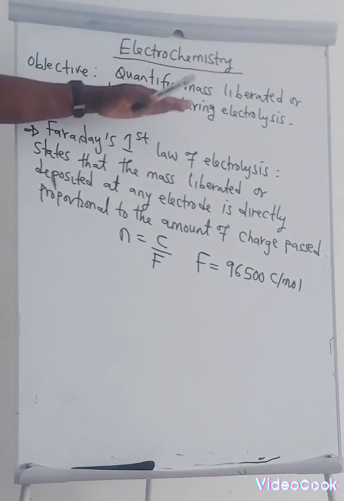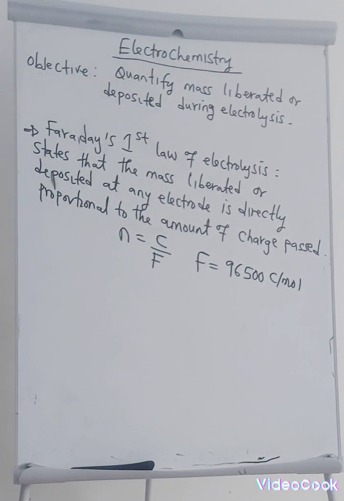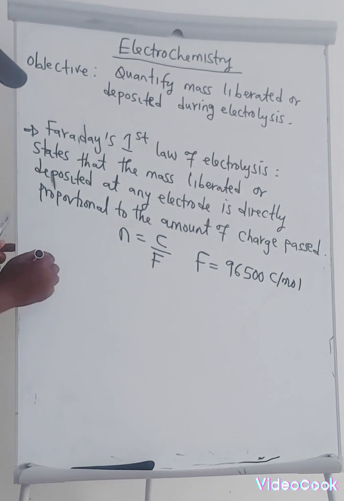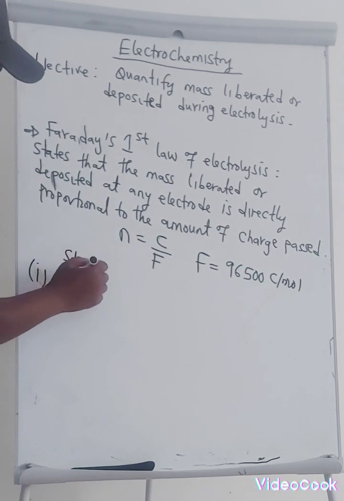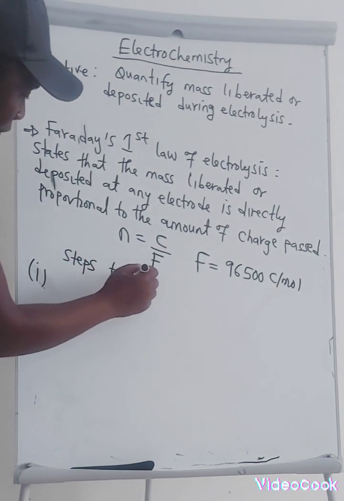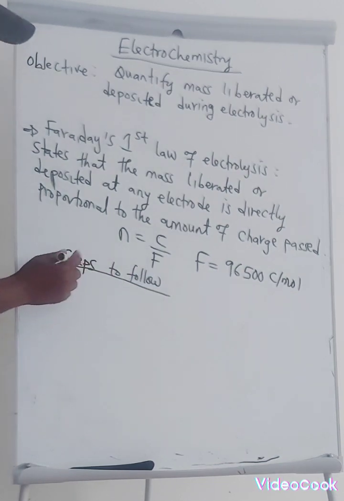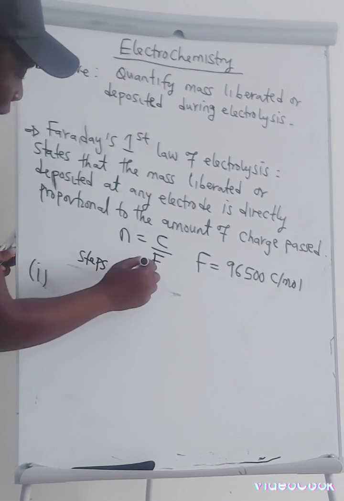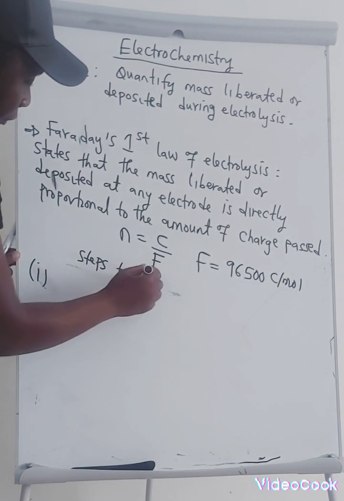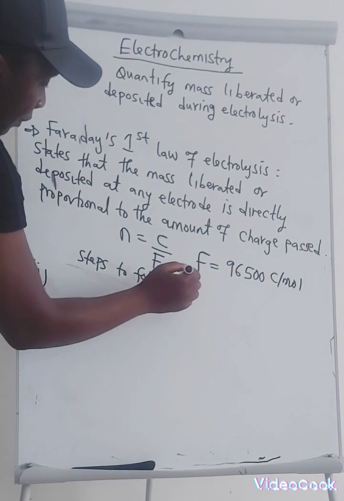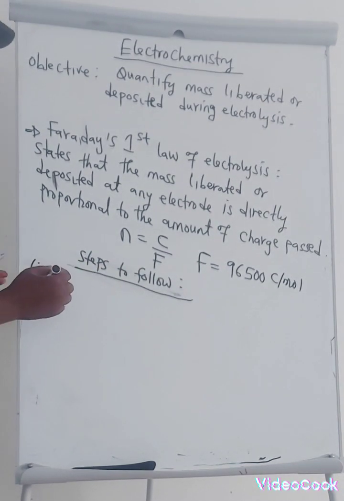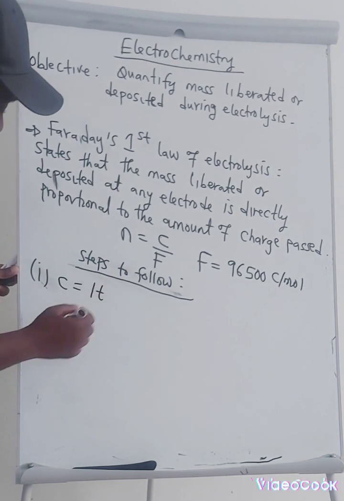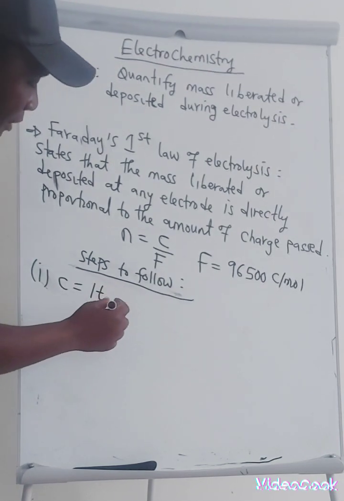So when quantifying the mass deposited, you have to follow these steps. Step one, quantify coulombs from electricity, which is current times time in seconds.